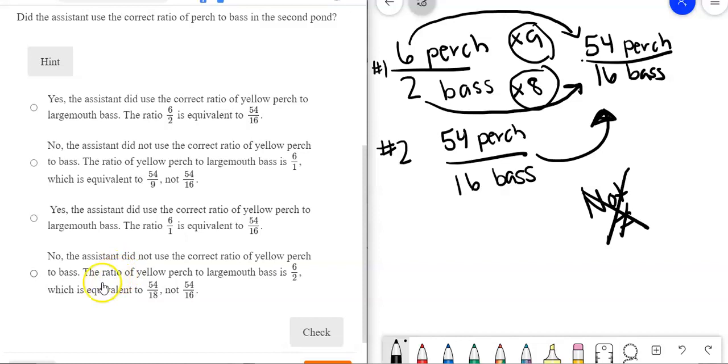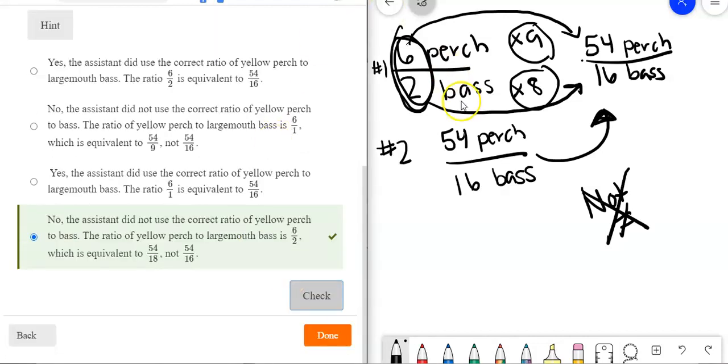So this one says the ratio of yellow perch to largemouth bass is 6 to 2, which is what they gave us right here for pond 1, which is equivalent to 15 over 18, not 54 over 16. And that is right, because if I look over here, since I multiplied the top by 9, I should multiply the bottom by 9, and 2 times 9 is 18. And you are done.